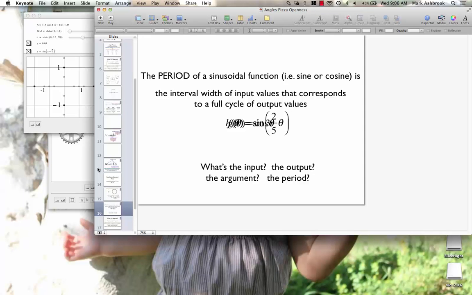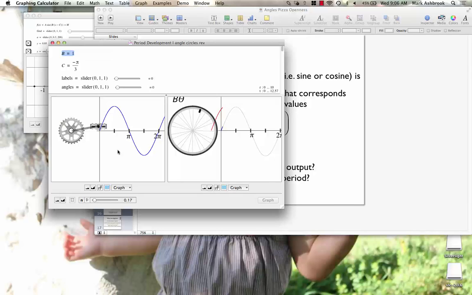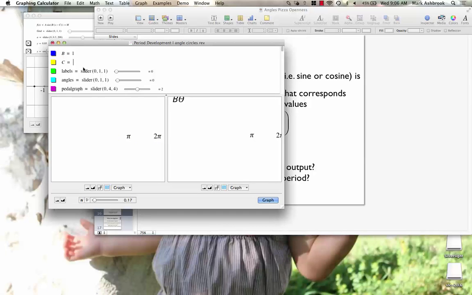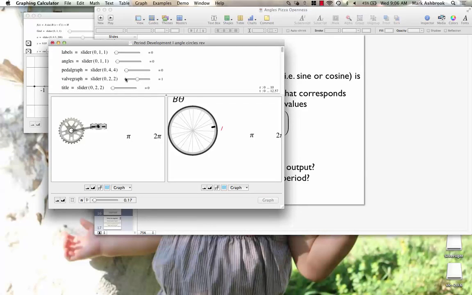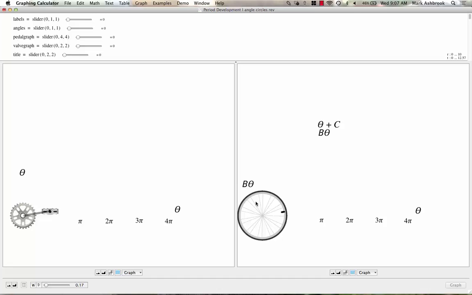Okay, so let's do another example here. Oops. Isn't ready. Sorry. So in your book, where did we leave off? What page is that?